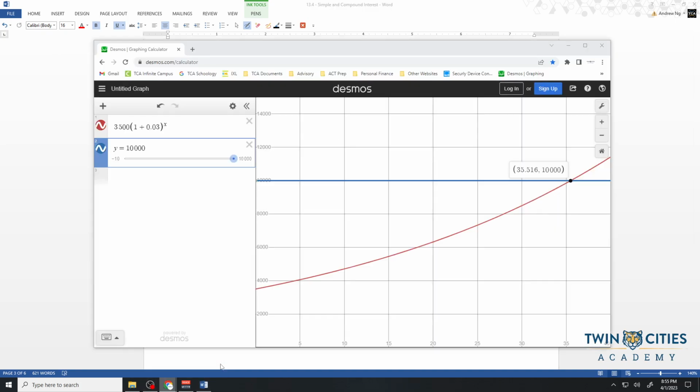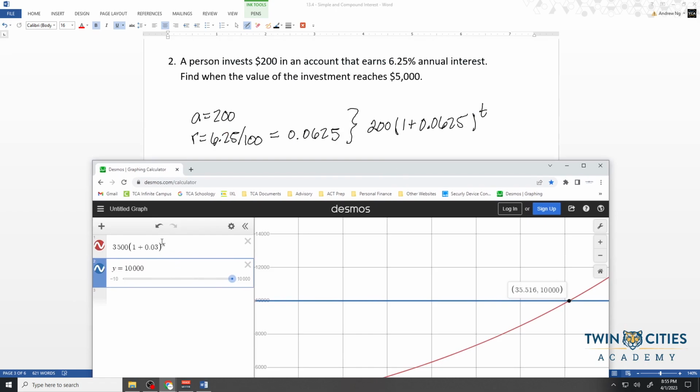All right, then I go back and I grab my graphing tool, and let's change these. This is going to be 200, parentheses, 1 plus 0.0625. And I want to know when this is going to reach 5,000.